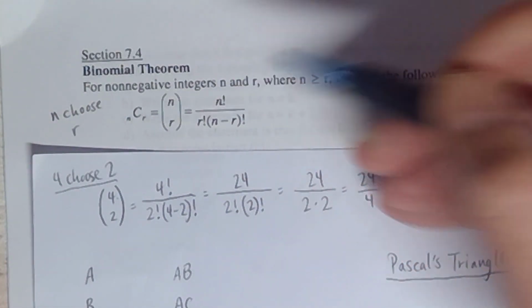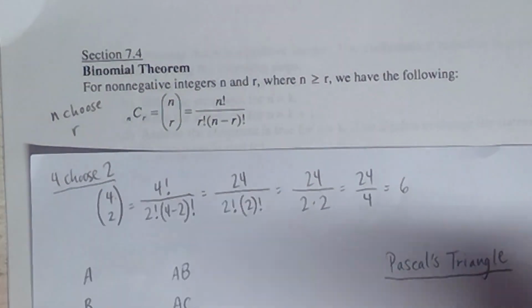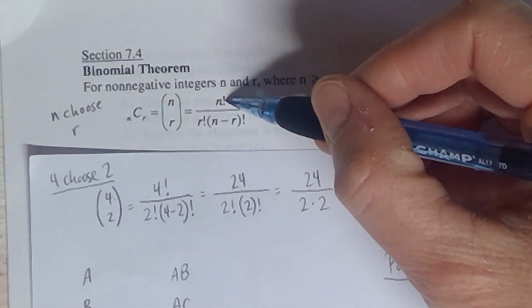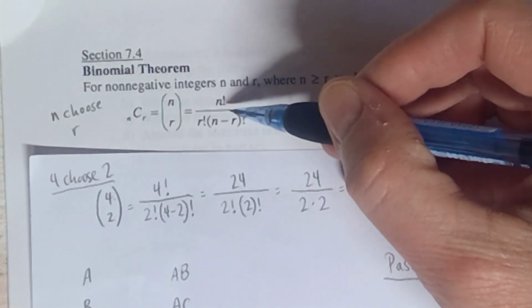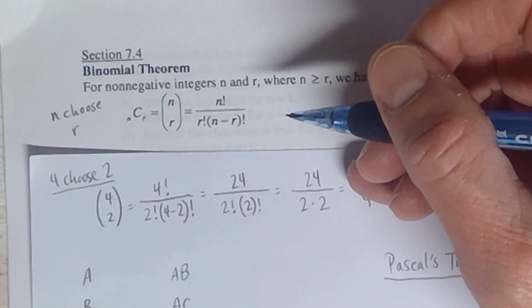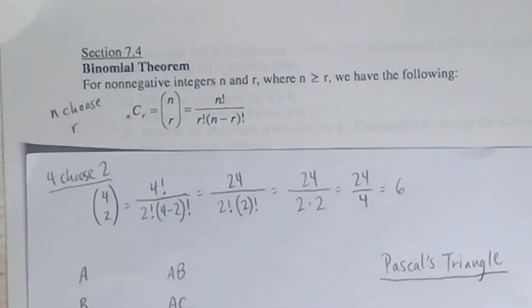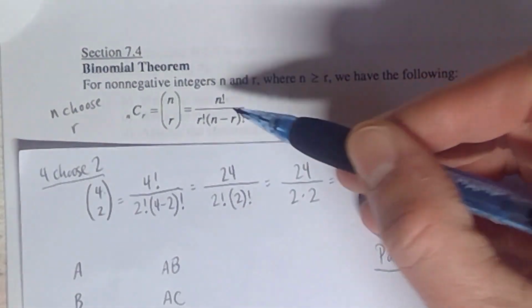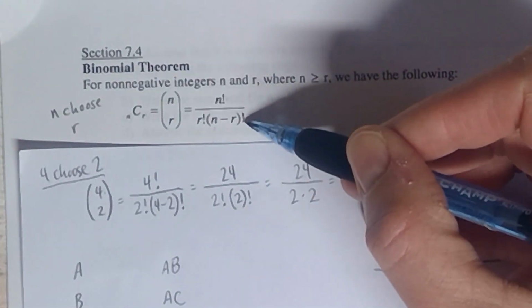The factorial is this thing that looks like an exclamation point, like what you would use if you were writing in English or Spanish, or maybe other languages as well.